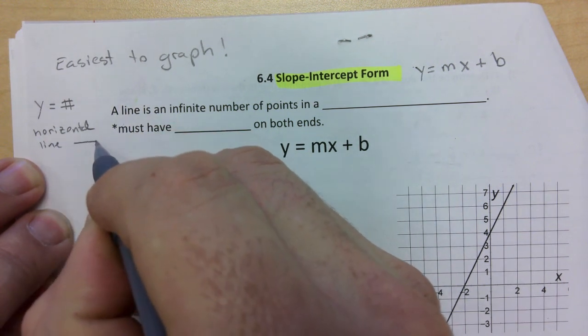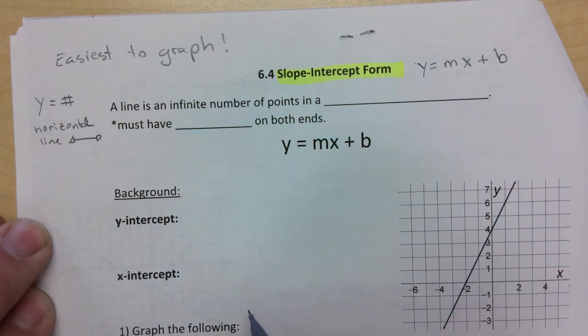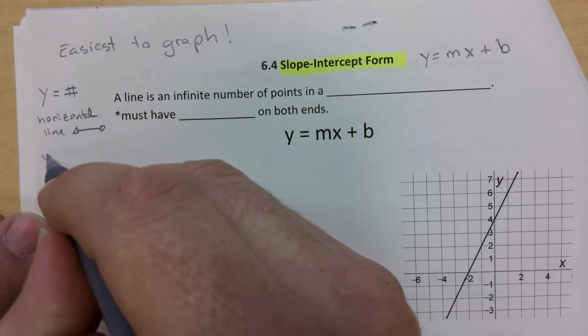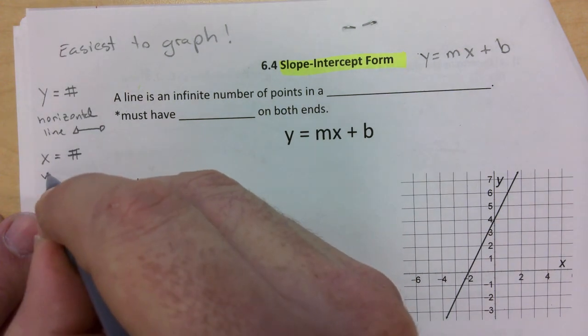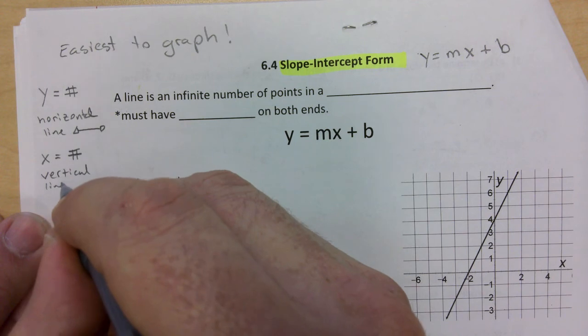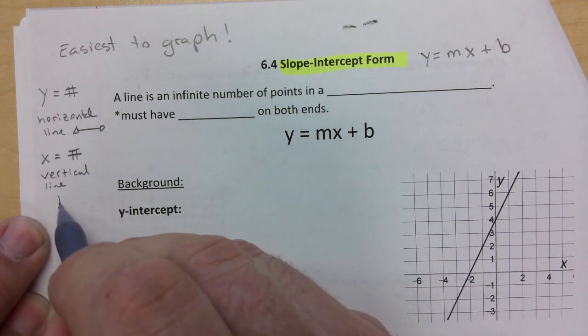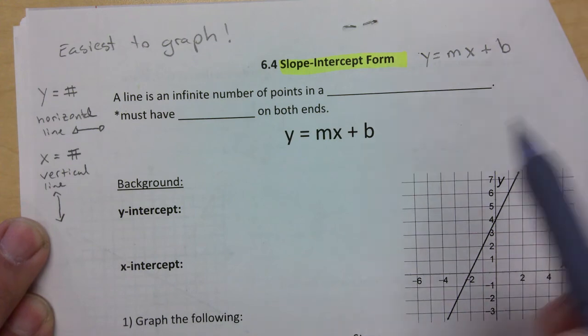It would go like this, okay? If you have x is equal to a number, that would be a vertical line. It would have an undefined slope, okay? Remember that. You've got to flip through your notes every once in a while and just recap that, right?